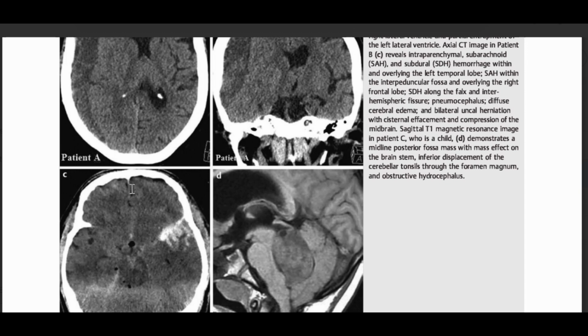The main difference between extradural and subdural hemorrhage is that extradural hemorrhage does not cross the midline and does not extend along the falx cerebri. However, subdural hemorrhage can extend along the falx cerebri and can cross the midline. So when you see blood extending along the falx cerebri and within the interhemispheric fissure, this is subdural hemorrhage.